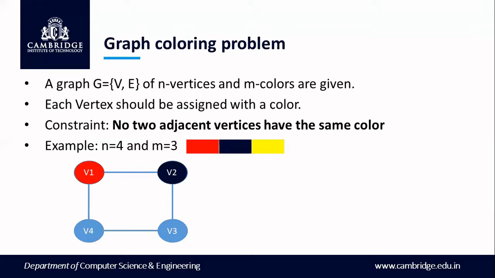Next option for V4, assume, which color can we select? Black or yellow, because red is a neighbor, right? So if we select black, then what can be the color for V3? Red or yellow. So we can select any one of these. This is the way we can color the vertices.